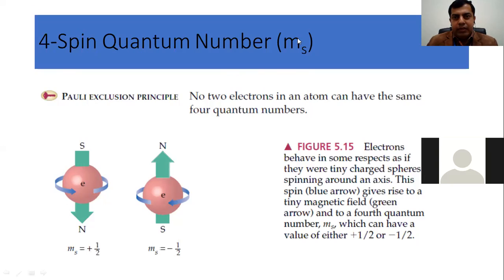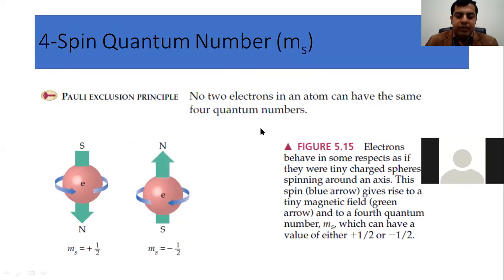And this is the fourth quantum number, and it is called the spin quantum number. It is shown by the small m, small s, and this is another principle which defines that no two electrons in an atom can have the same four quantum numbers.